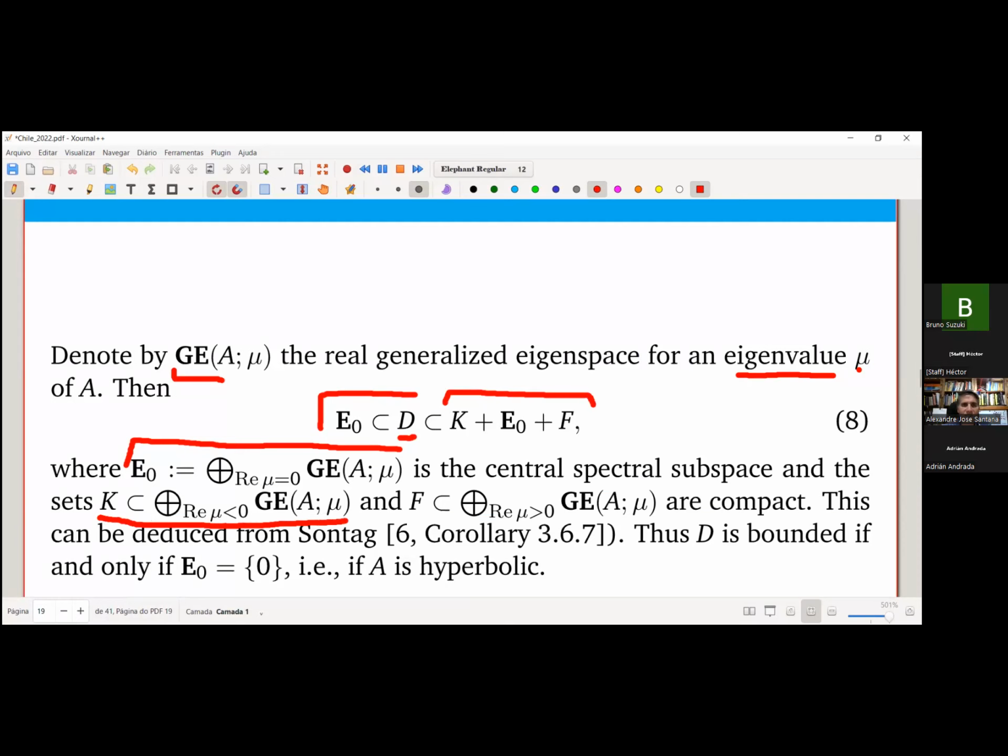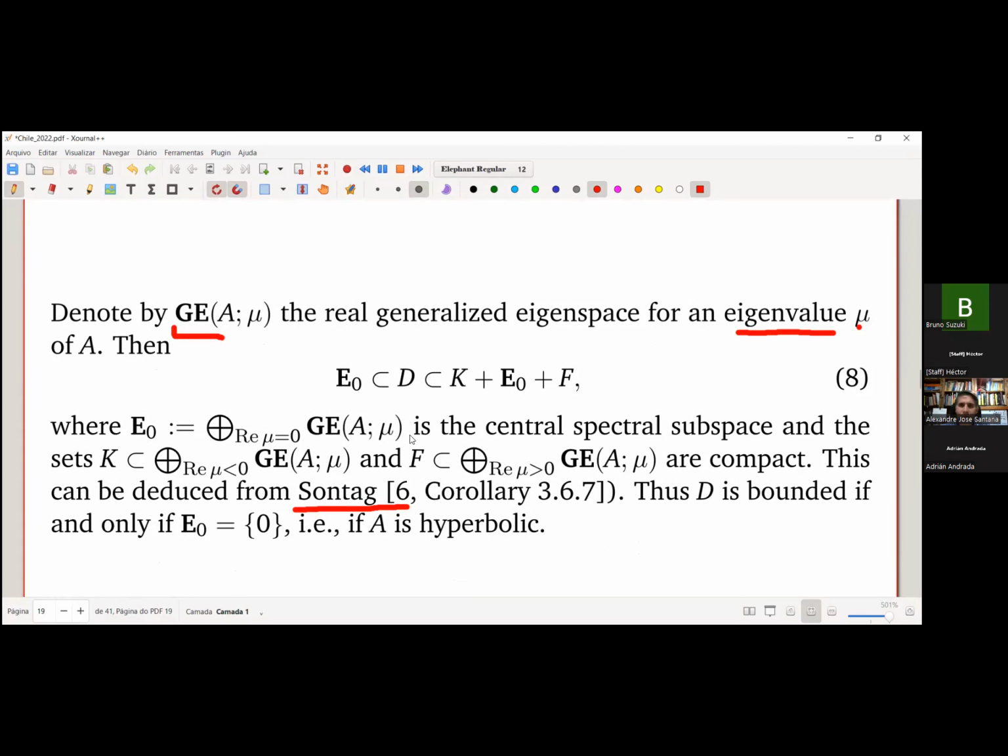Then we have this set here, and F will be a subset of this subspace here. This is a result that we can prove as a corollary of some result of some type of book.